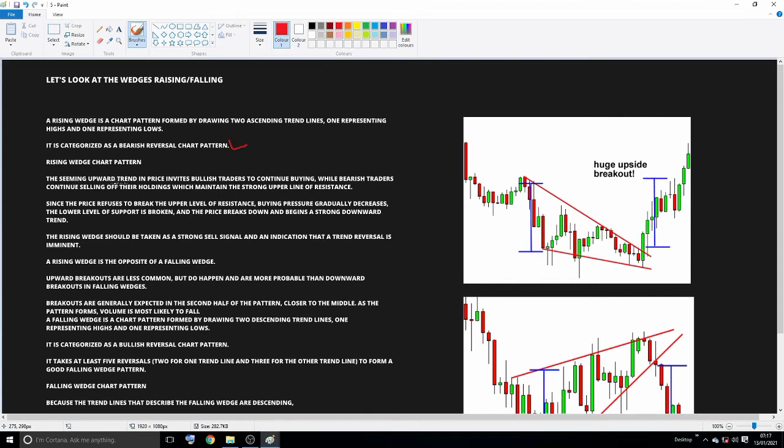The seeming upward trend in the price invites bullish traders to continue buying, while bearish traders continue selling off their holdings, which maintains the strong upper level. Since the price refuses to break the upper level of resistance, buyers' pressure gradually decreases. The lower level of support is broken and the price breaks to begin a strong downtrend.